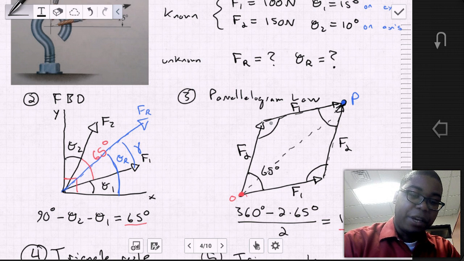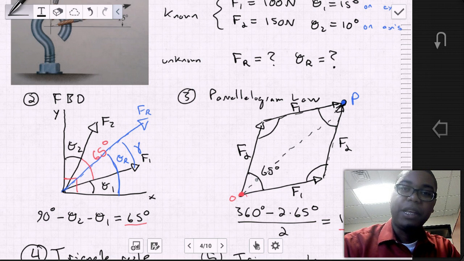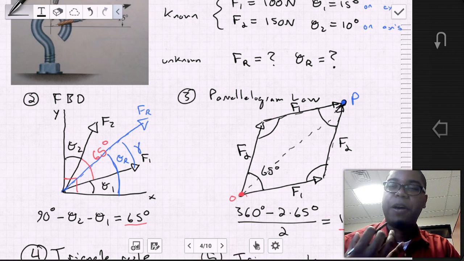Once we've created these projections, the point where they meet is called point P, the projection point. And the line that goes down the center of this parallelogram is going to be the direction of the resultant force vector.